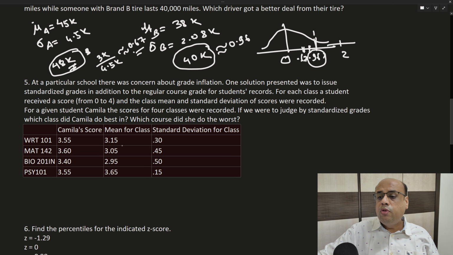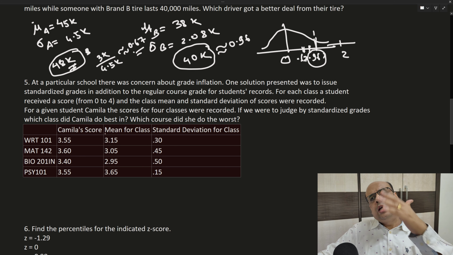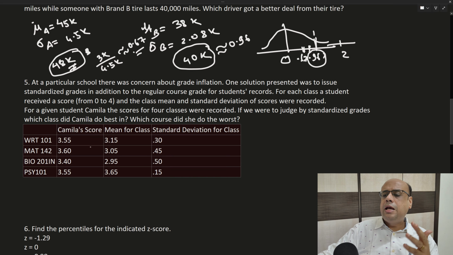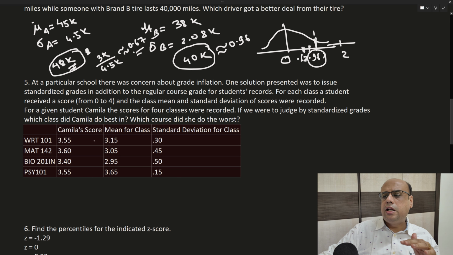Now the fifth question is again similar to the first one. Since the scores are getting inflated every time, they have standardized this. Sometimes, for a more precise assessment, they give standardized grades in addition, so it is given like this.